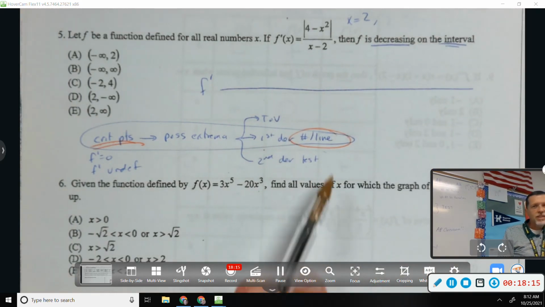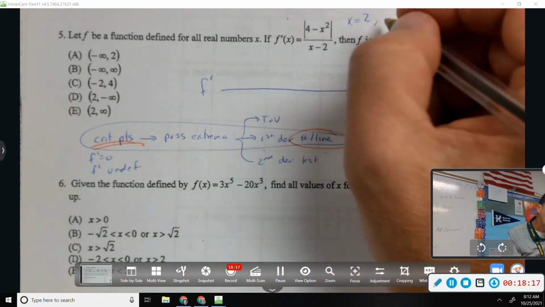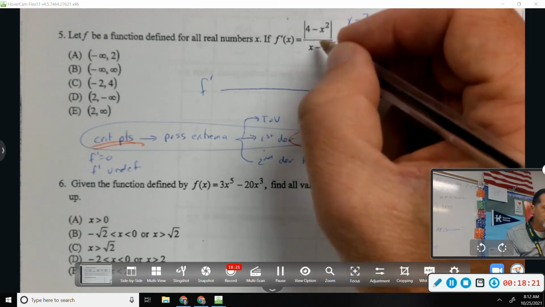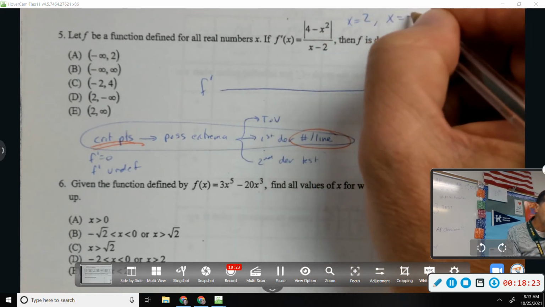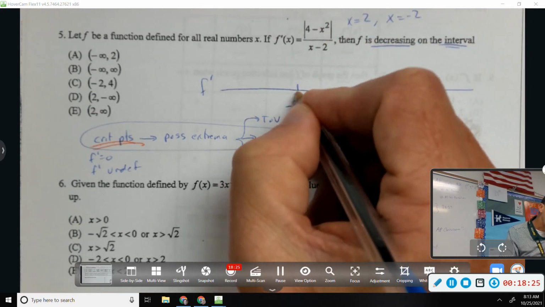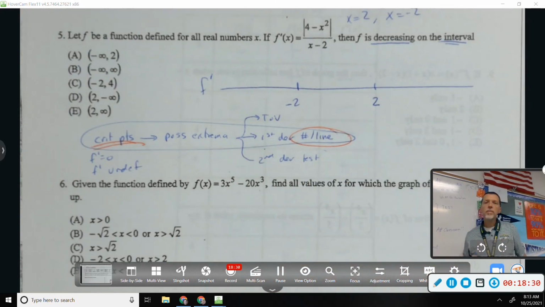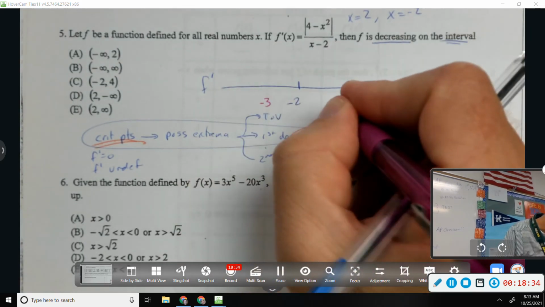I square -2, I get 4. So 2 makes the top and bottom 0. That sounds fishy or something weird maybe going on. So -2 and 2. So my test points could be -3, 0, and 3.